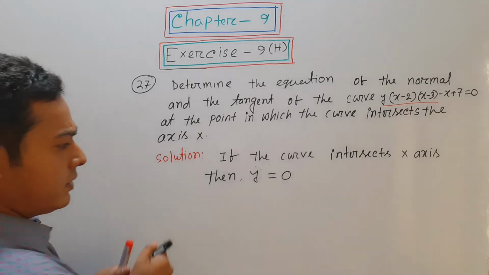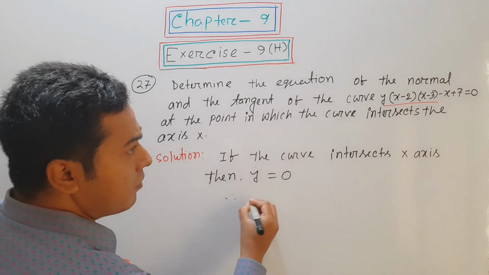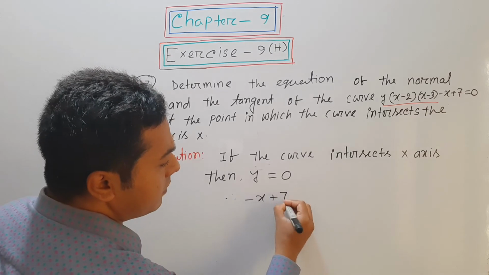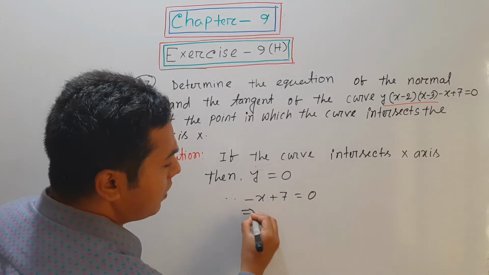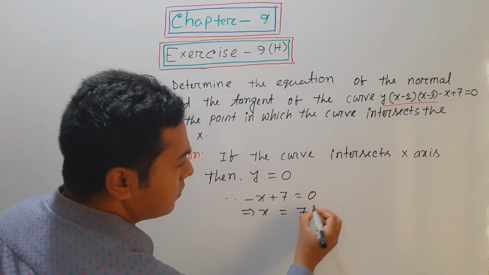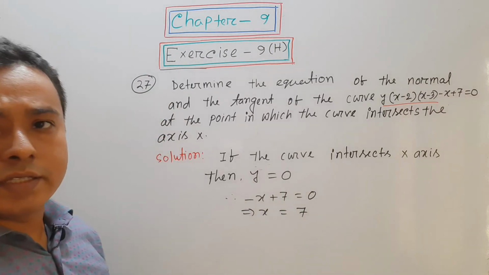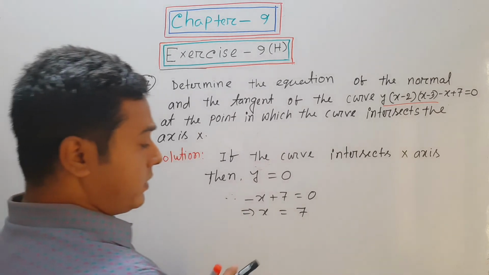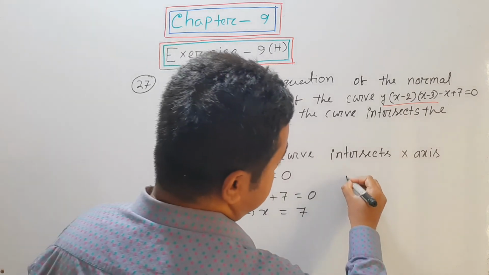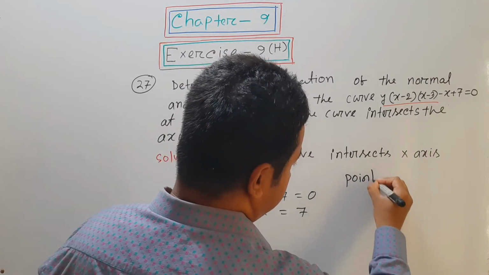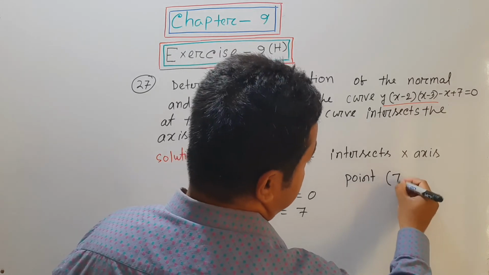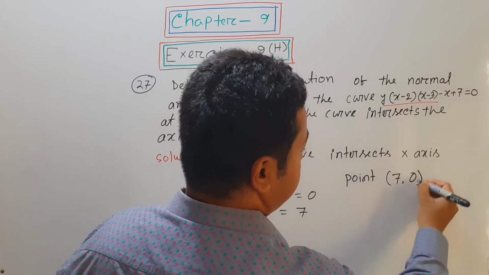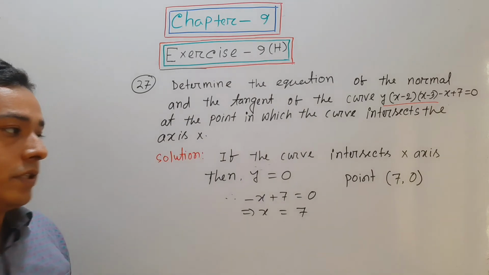So x is equal to 7. So the required intersecting point is 7, 0. Okay, because y is equal to 0.